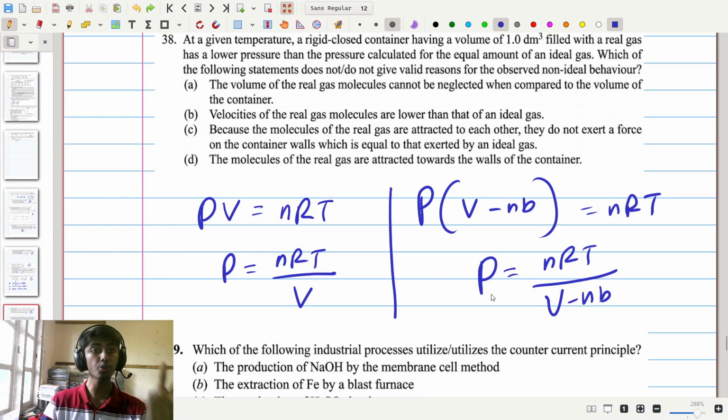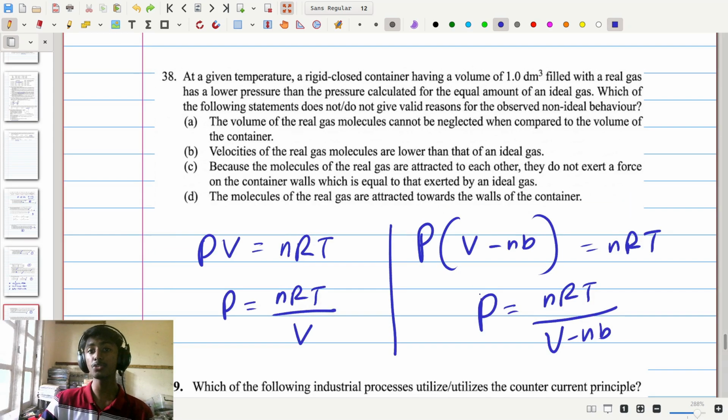Now considering these two situations, since we use equal amounts of gas in both the real case and the ideal case, n is equal in both of these expressions. Similarly, since they are both at a given temperature, T is equal in both of them. Since R is a constant, nRT here and nRT here are equal to each other.